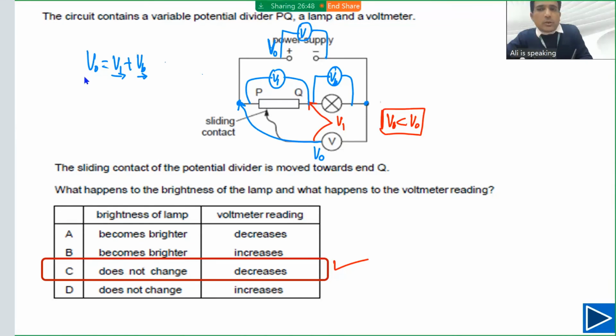Because the total is constant, it means no effect when you move this one, so there is no effect. So this one is the right answer. The brightness of the bulb will not change because the potential difference across the bulb will stay the same. So it means no change, and the brightness of this one will remain the same. I hope this one is clear.